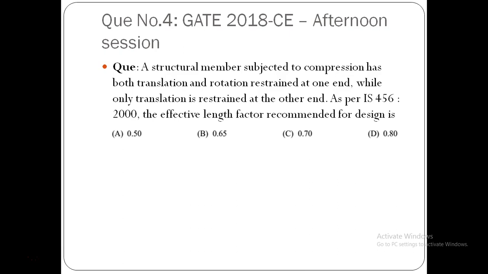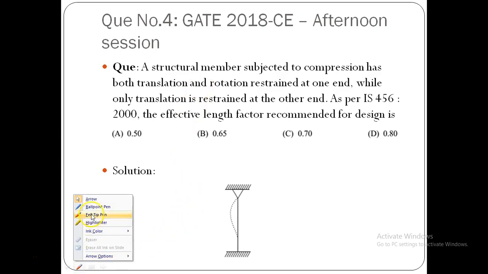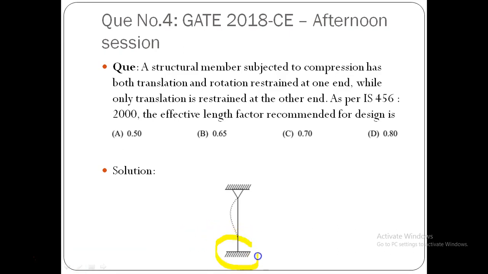Now if we see this particular diagram, it will look like this, where the first one is the case where both translation and rotation is restrained.